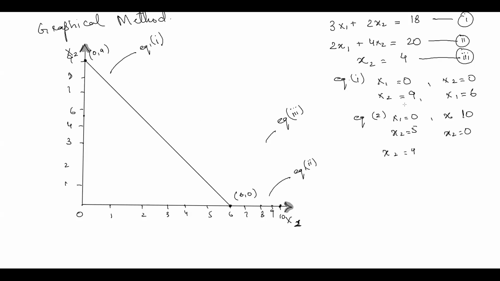One line goes like this, another line goes like this, and the third line goes, for example, like this. This is our third equation.